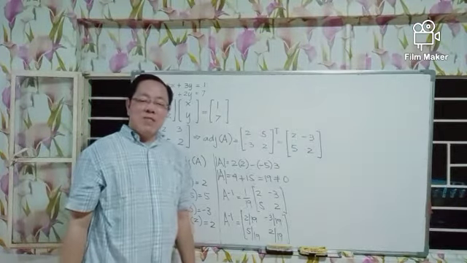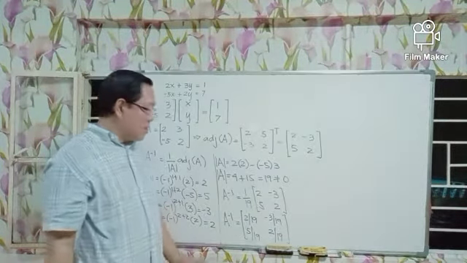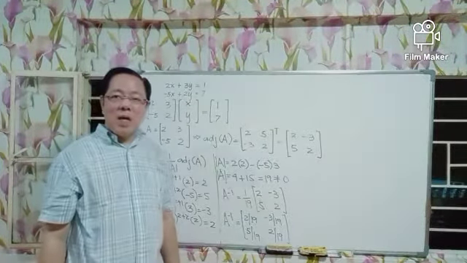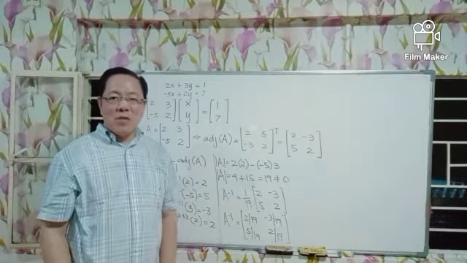After you get the inverse of the matrix, you may check if this is correct. Multiply the inverse of A by A and you should get the identity matrix. But that is optional.